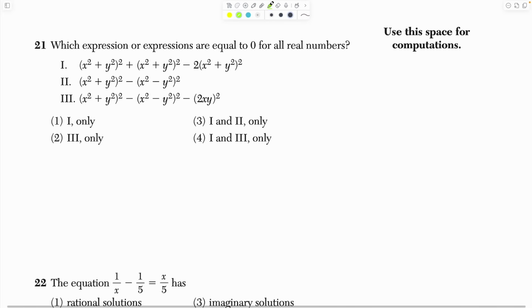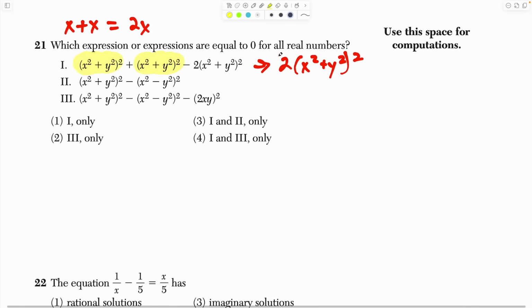When I look at this, what jumps out at me first is that the first 2 terms here are like terms. The same way you would say x plus x equals 2x, when I have 1 times x squared plus y squared squared plus another 1 times x squared plus y squared squared, that's going to give 2 times x squared plus y squared squared.